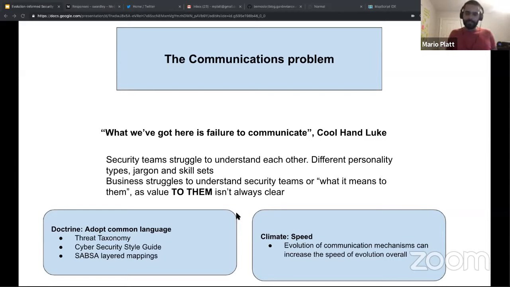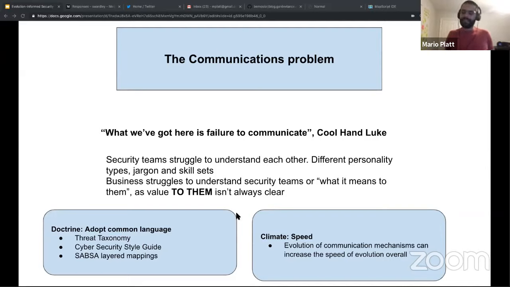In terms of climate, this is about speed, right? One of the principles in climate is that the evolution of communication mechanisms increases the speed of evolution overall.